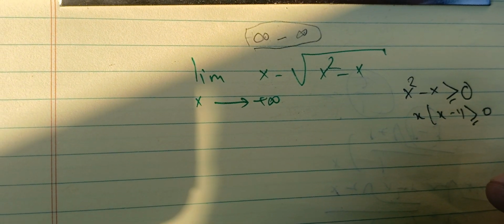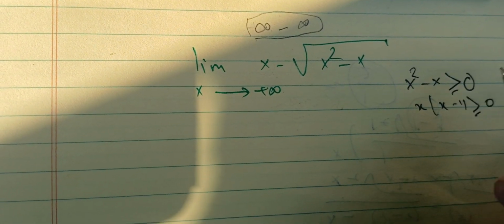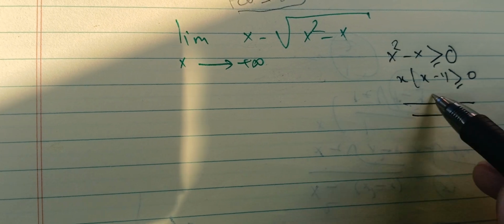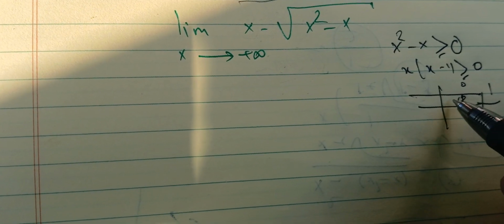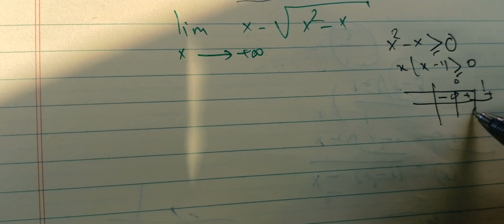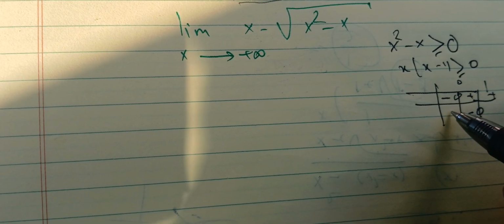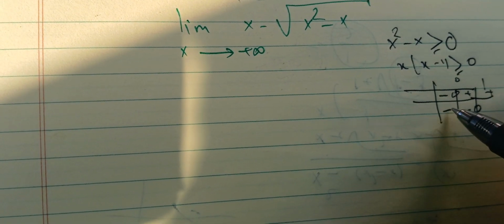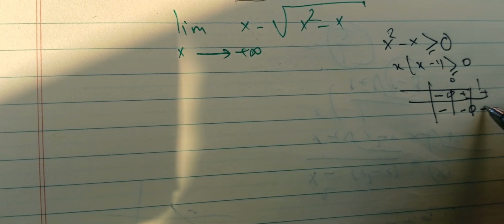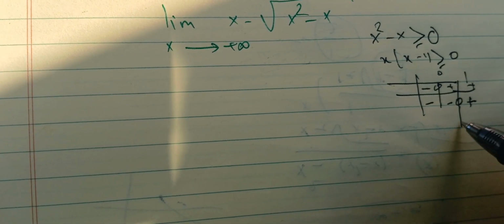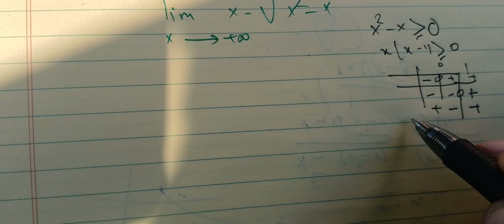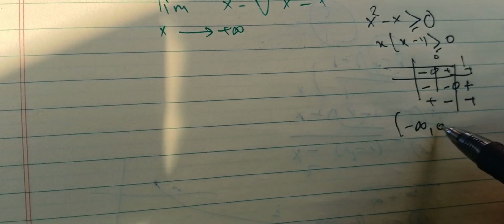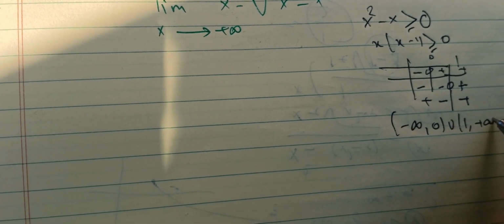And that means here, since we are interested in the positive values, we can do a quick table here. It's minus, positive, and we see that this one is defined on minus infinity to 0 union 1 to plus infinity.